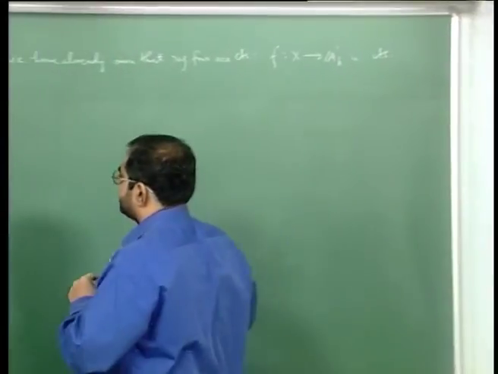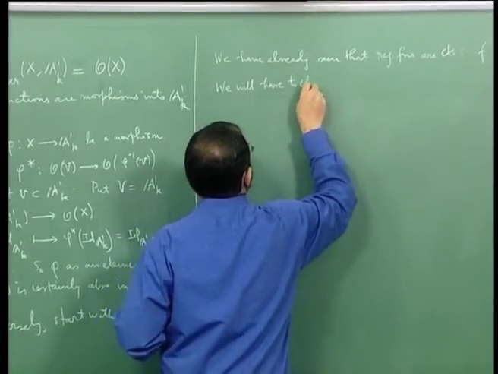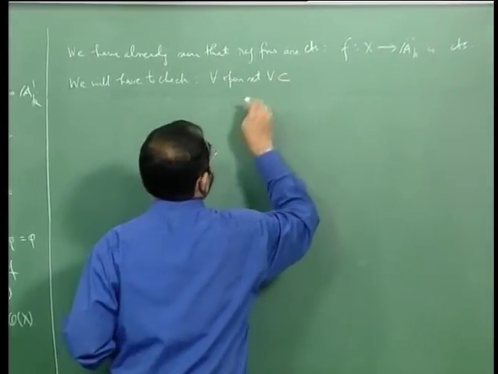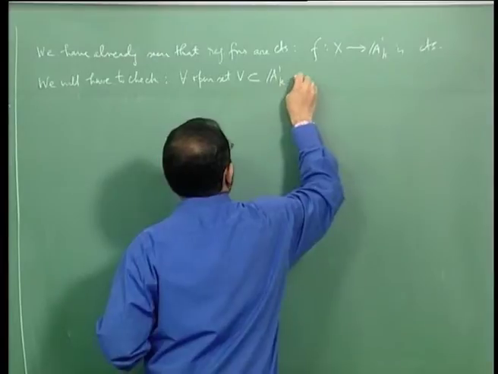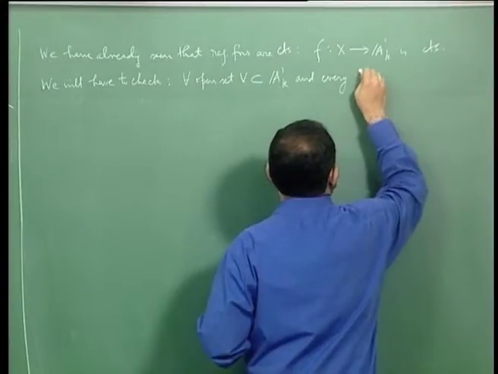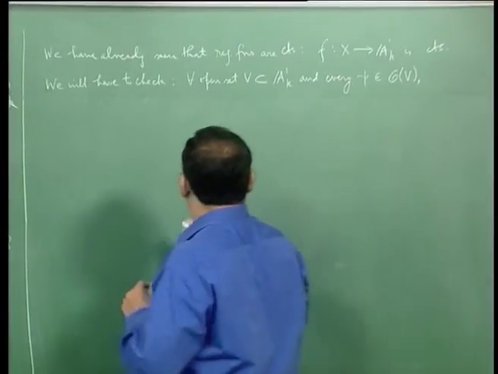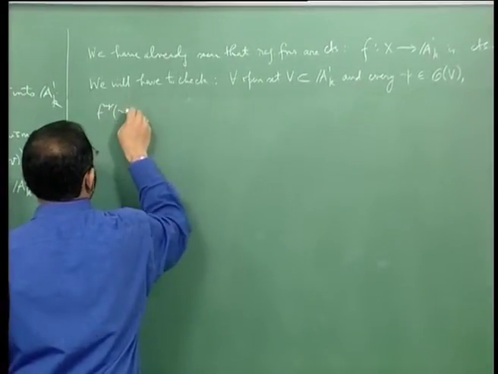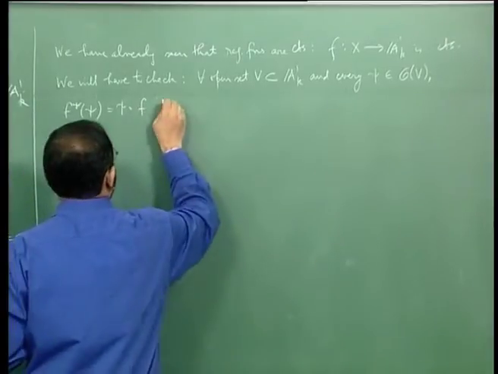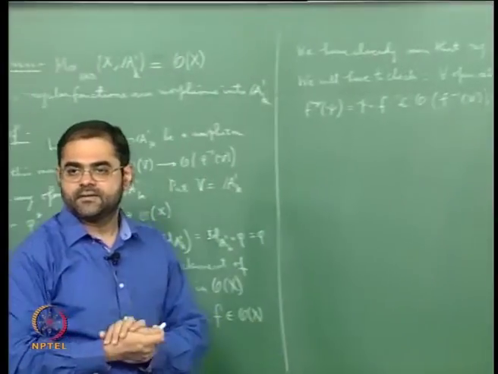So we will have to check for every open set V in A1 and every psi in O of V, f upper star psi, which is just psi composed with f, is in O of f inverse V. This is what you will have to check.